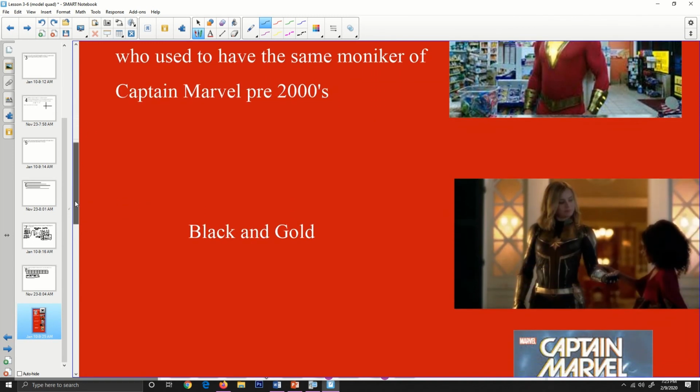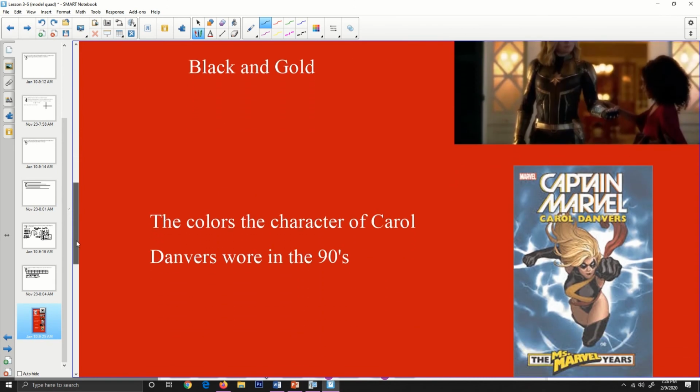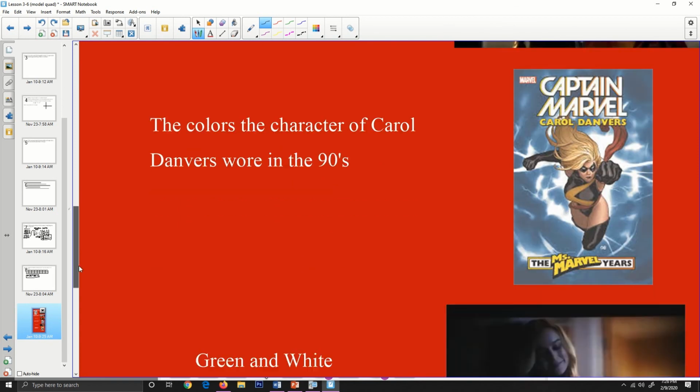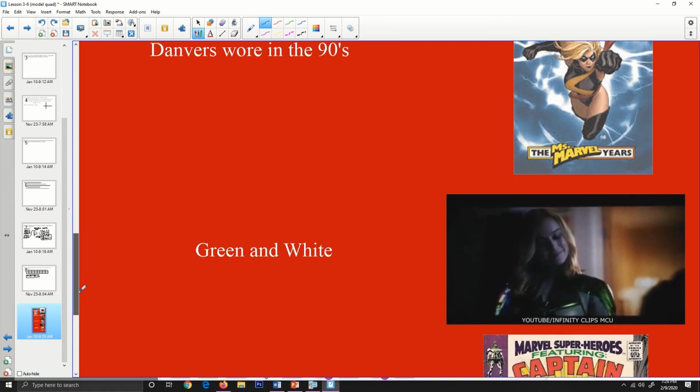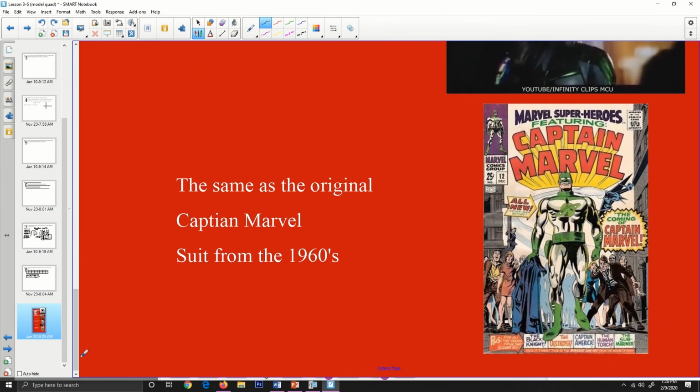The second color, black and gold, was a reference to Carol Danvers' colors that she wore earlier as Ms. Marvel. And finally, the green and white colors that were chosen are the original colors of the original male version of Captain Marvel, the Kree warrior, and his suit from the 1960s.